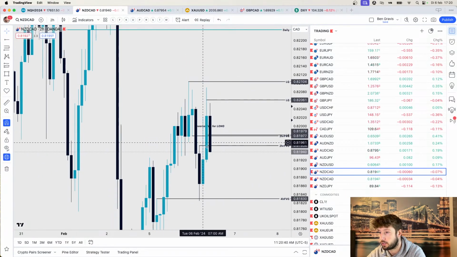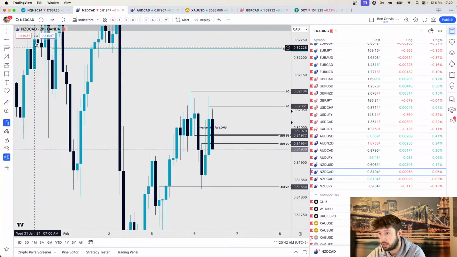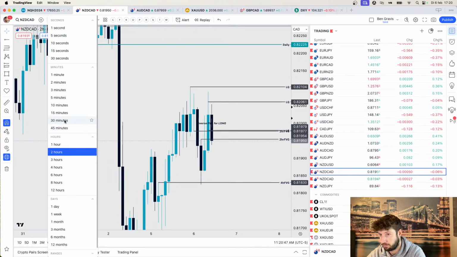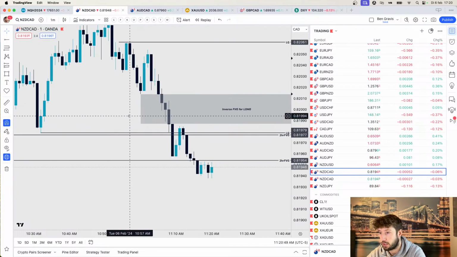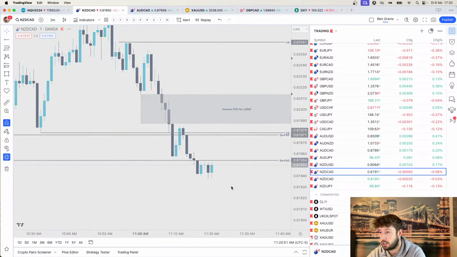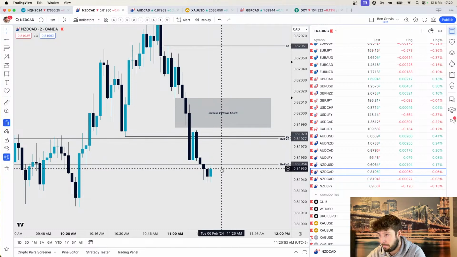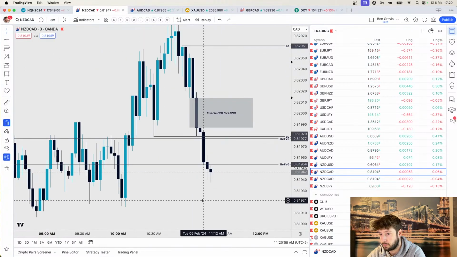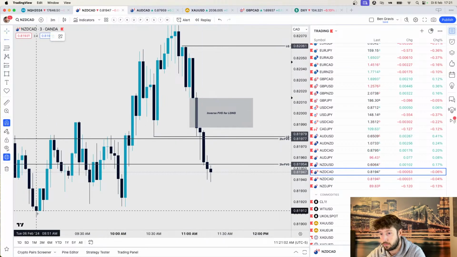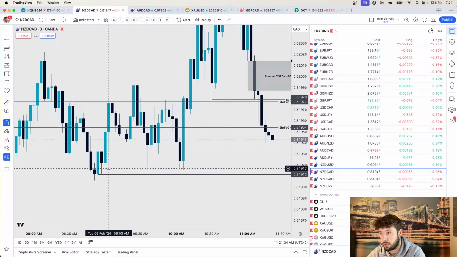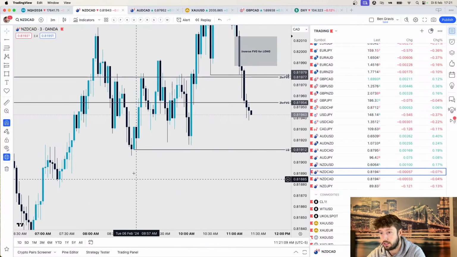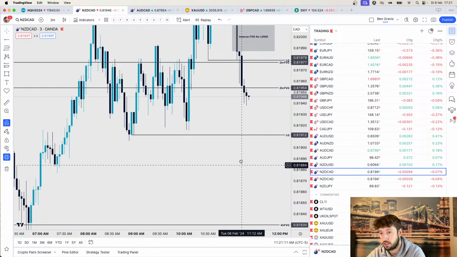NZD back below the 2-hourly fair value gap. Let's see. I'm still interested for higher. But I can see the equal lows here, so that would be nice if we can take those equal lows out.